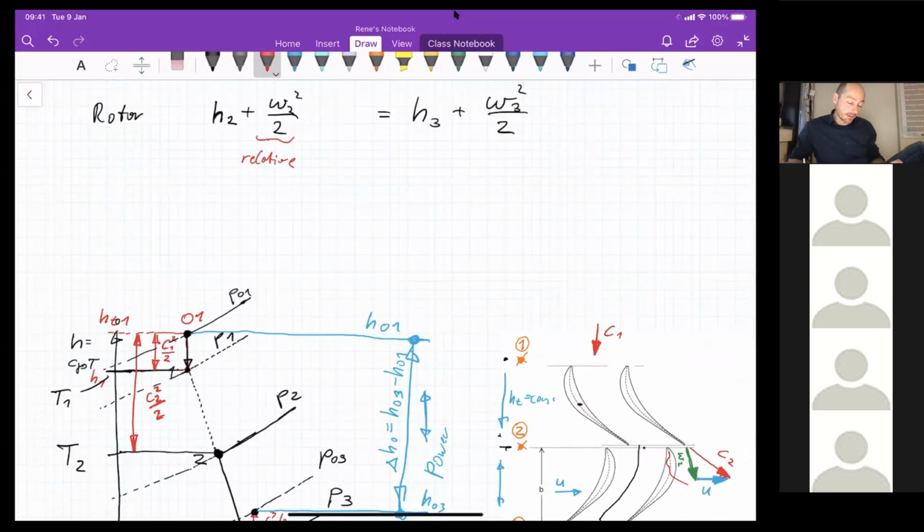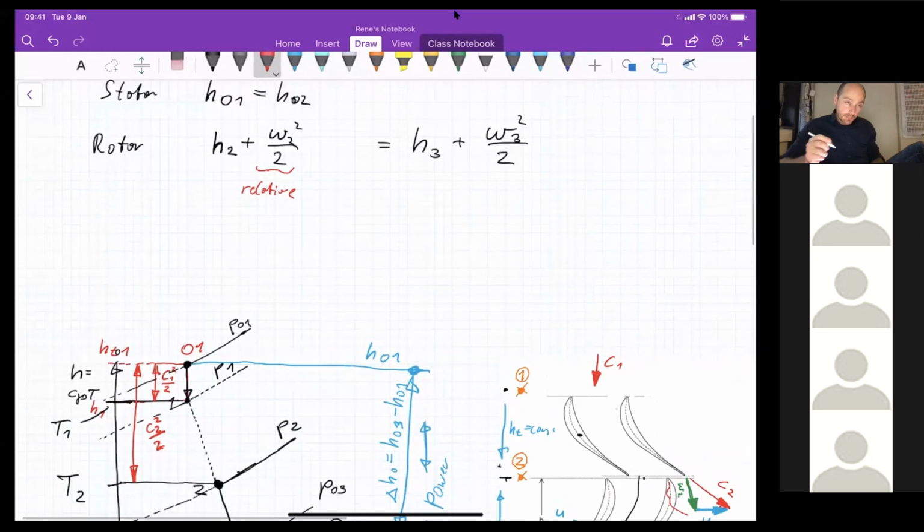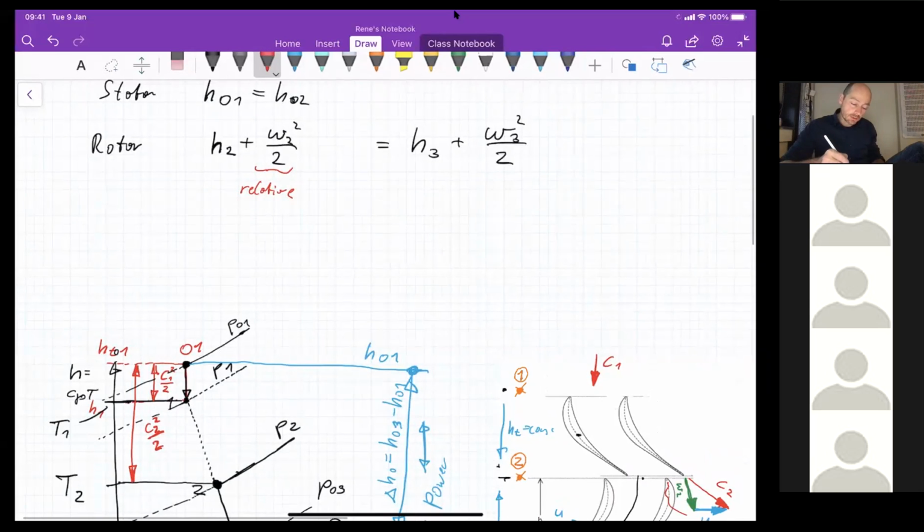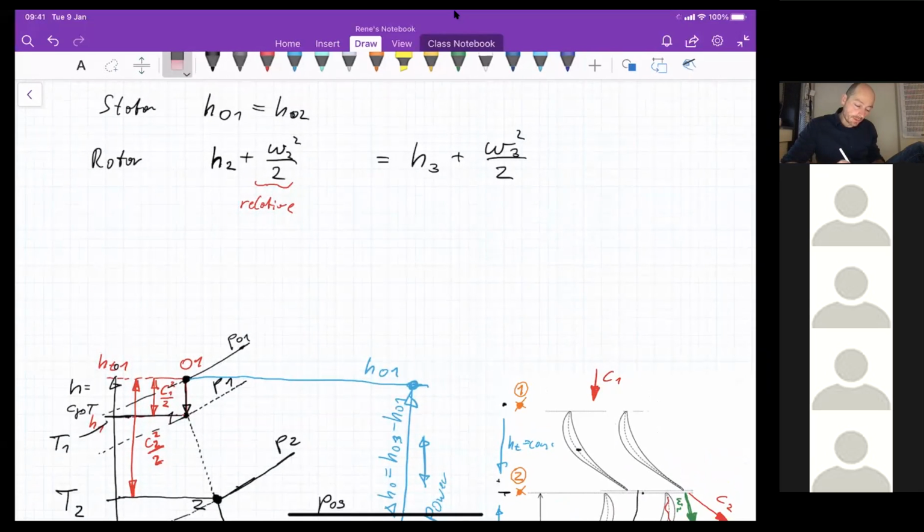H2, of course, is the static enthalpy. But then what I need to do in this case is subtract a kinetic energy of the frame of reference to make it consistent. I have this minus 1/2 U squared. So this basically is the total enthalpy now, as you can see, but in a frame of reference that is moving with the rotor.